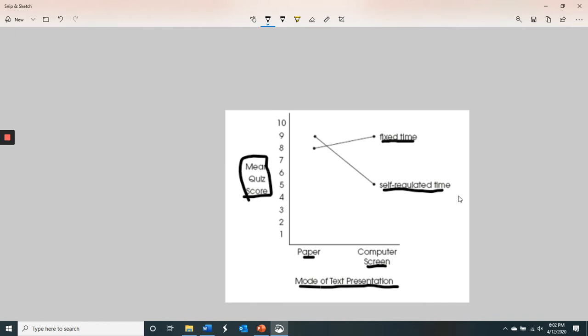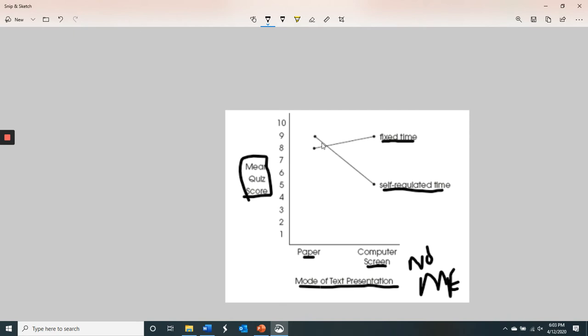So let's look at this. So this gets a bit more complex, perhaps, in terms of main effects. Let's see if there's a main effect for mode of presentation. So papers over here, computers over here. So average of that. Probably not a main effect, I'm guessing. Just by looking at that, there's no main effect.